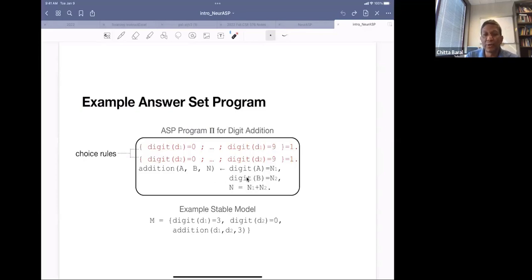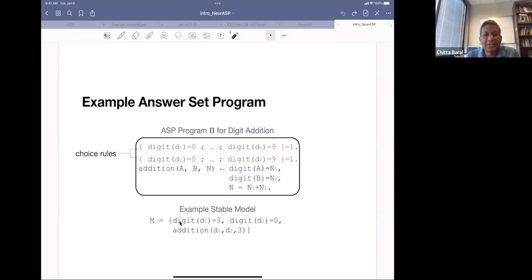It's a logic programming rule. And in answer set programming, you are allowed to have these choice rules. What this does is it allows you to express NP-complete problems. You can enumerate the various possibilities and pick the right ones. And the answer set, or stable model, this is one stable model here. I said there will be 81 different stable models.